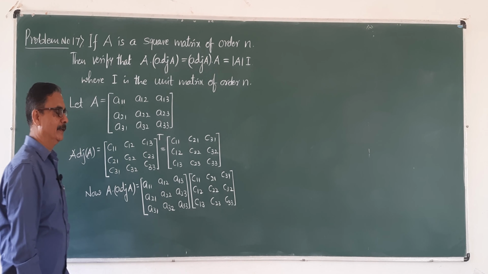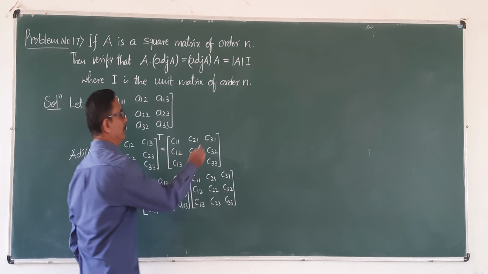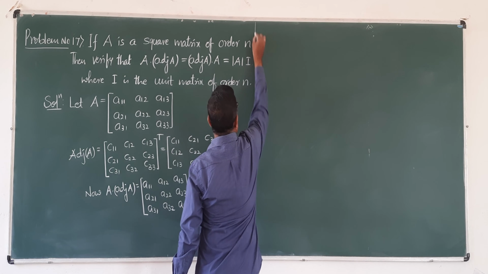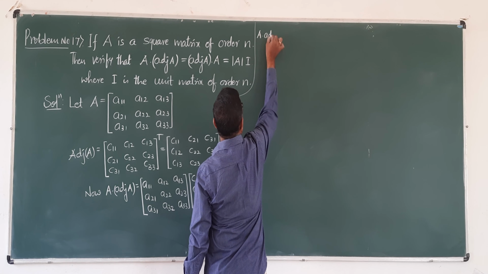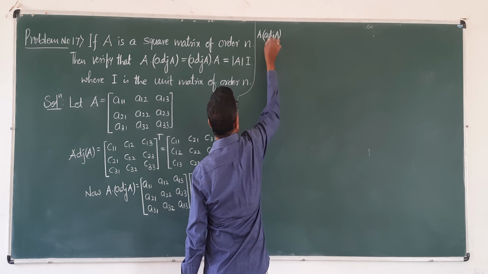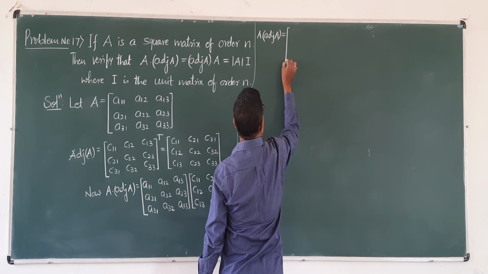This is the adjoint. Now multiply those two, and see what happens.